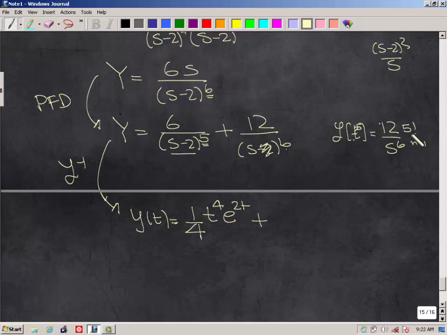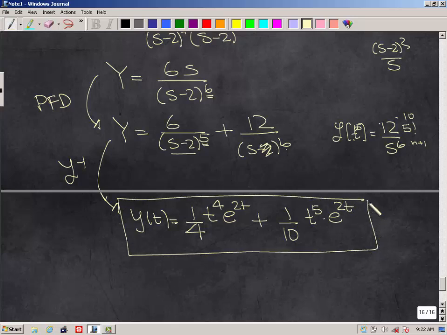So we'll need 5 factorial, which is 120. We already have a 12 here, so I'll need to multiply this by a 10 and divide by a 10. So we get 1 over 10 t to the 5, and because of this minus 2 it's a shift, we get e to the 2t, and there is the answer to that integral differential equation.